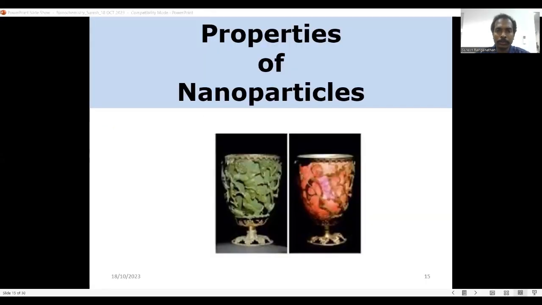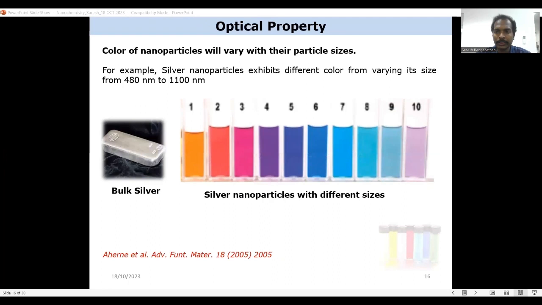Now I'm going to discuss the properties of nanoparticles. The first one is the optical property. Nanoparticles have very peculiar optical behavior; particularly, the color of a nanoparticle depends on its size. For example, the color of bulk silver is white.